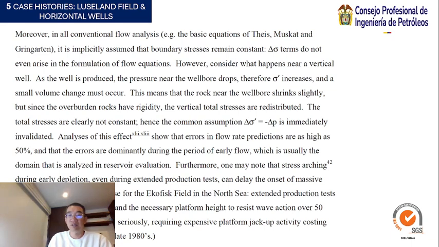However, consider what happens near a vertical well. As the well is produced, the pressure near the wellbore drops. Therefore, delta increases and a small volume change must occur.